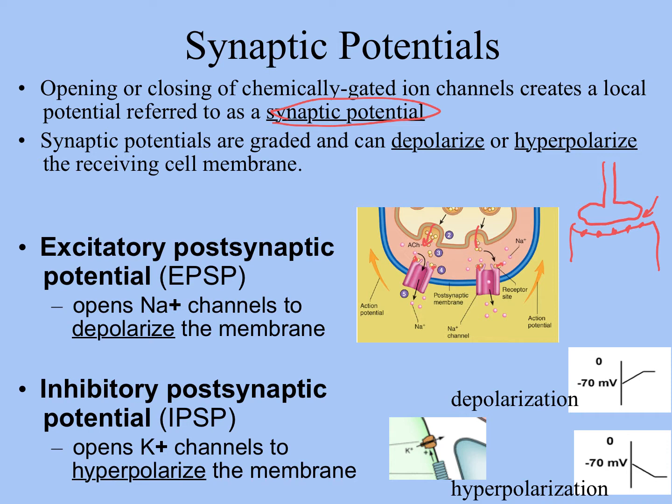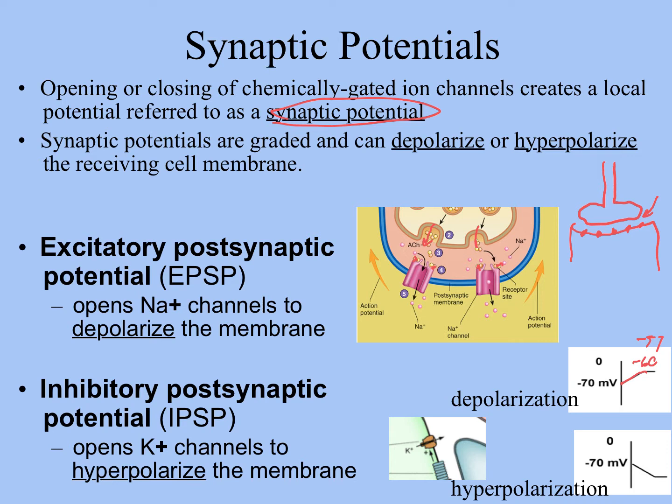All right, now synaptic potentials are graded, which means that they can start at resting -70, but you let some ions in and it goes up to, let's say, -60, for example. But if you open up more channels, it goes to -57, and so on. So they're graded, they go in steps.